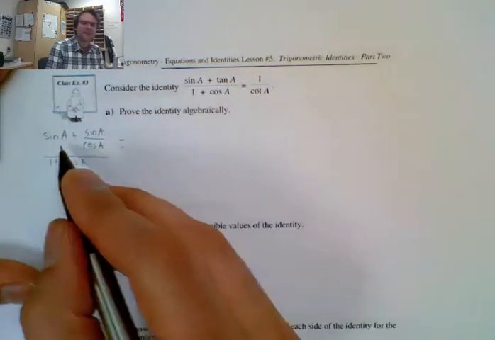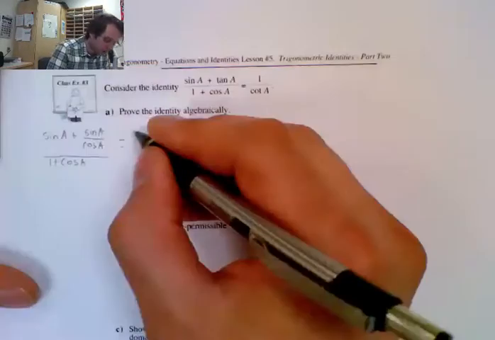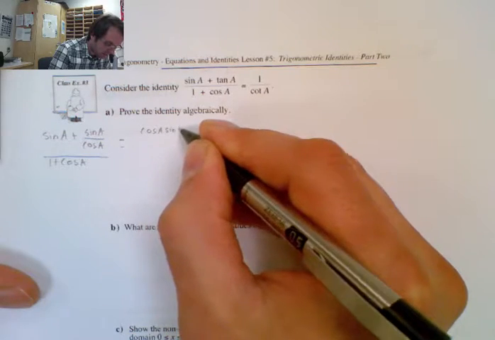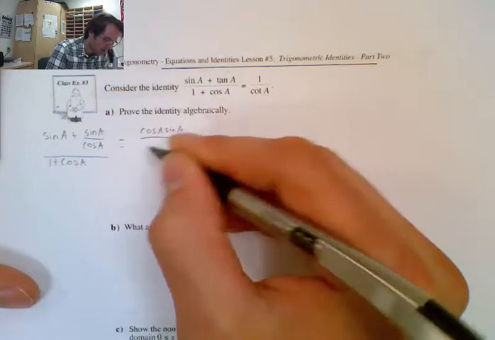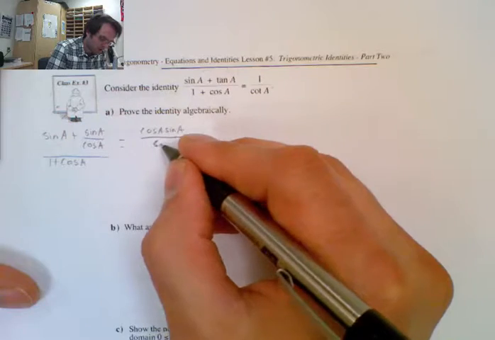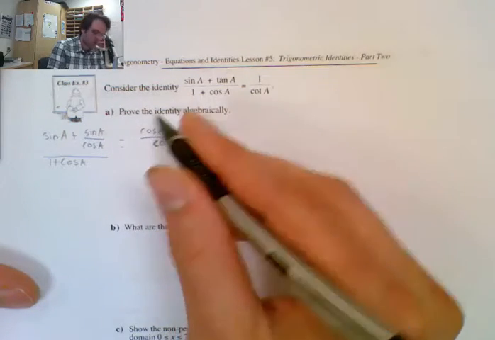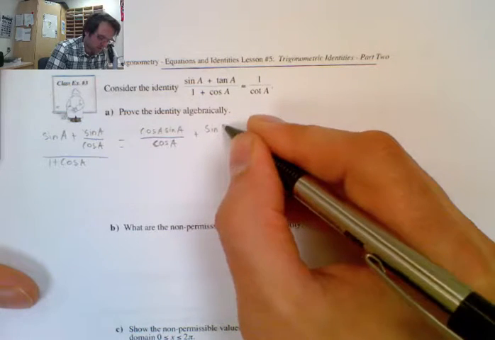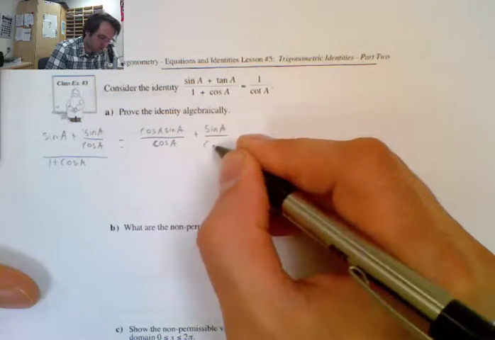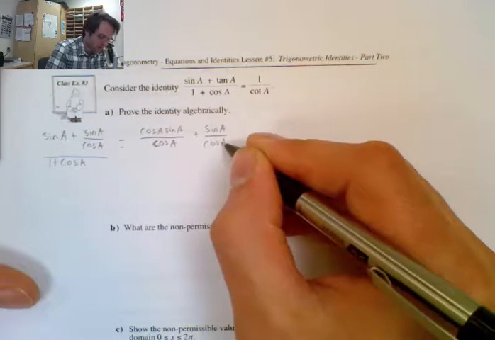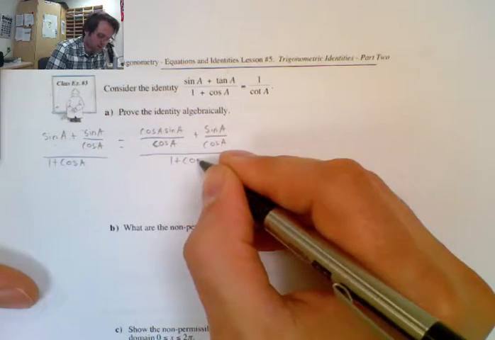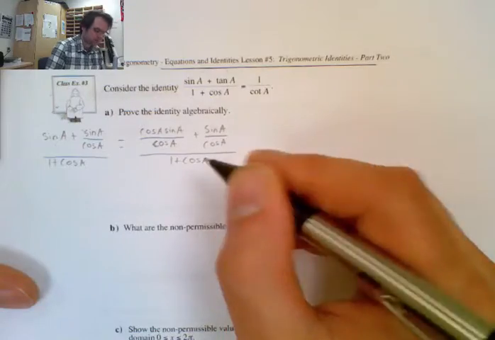In order to add these together, I need common denominators. So that's going to be cos a sine a, all divided by cosine a, because we need a common denominator of cosine a, all plus sine a, all over cosine a. And this is all over 1 plus cosine of a.